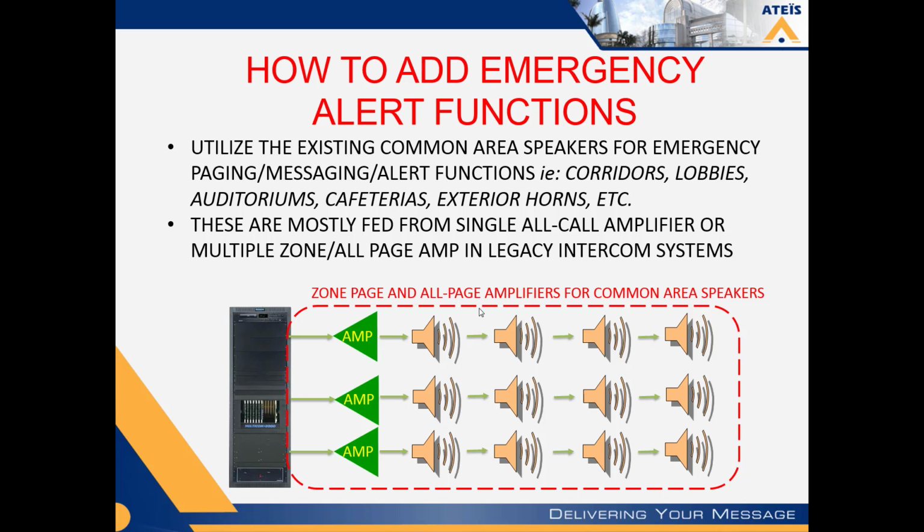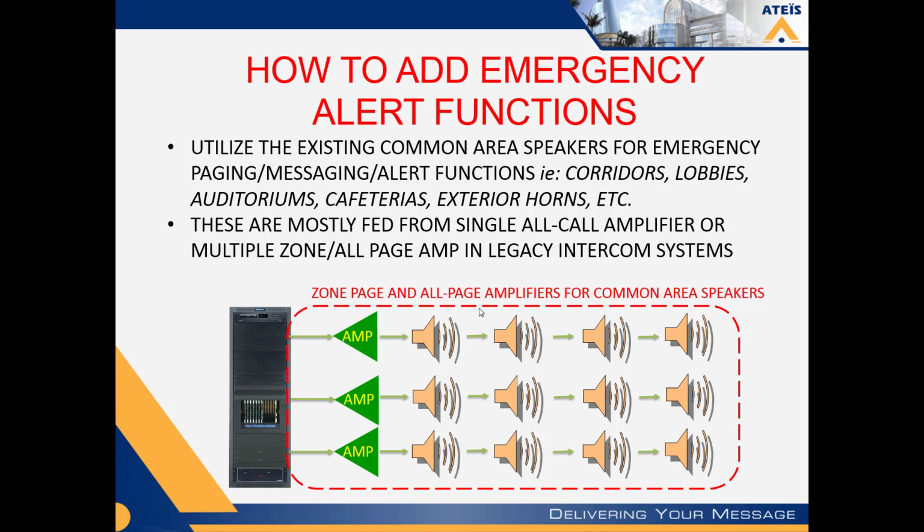Now, all of these common area speakers in most of these legacy systems are fed from either a single all-call amplifier, and some systems actually have a smaller zone page amplifier and then a larger all-page amplifier. Some of them, depending on the dealer, the installer, or the manufacturer's recommendations, may have multiple all-call amplifiers, or not all-call, but common area amplifiers that they access.